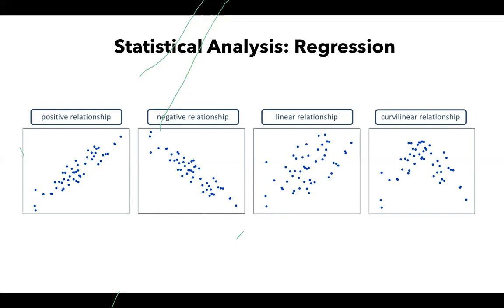Negative, positive, non-linear. Linear regression is a way to further model such a relationship to determine a mathematical function that explains the relationship between the dependent and the independent variable in the data set. If there is a relationship, such a function is predictive. Based on that relationship, I can predict things.